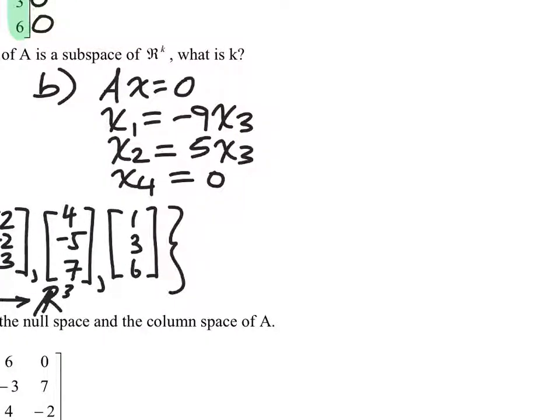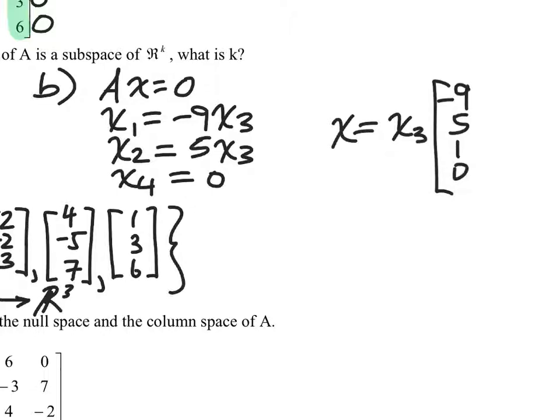So x1, 2, 3, 4, I'll just write x. It's going to be x3 times the vector: -9 for x1, 5 for x2, 1 for x3 because x3 is equal to x3, and 0 for x4.